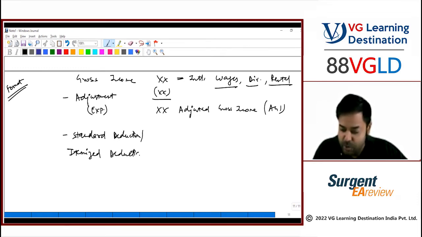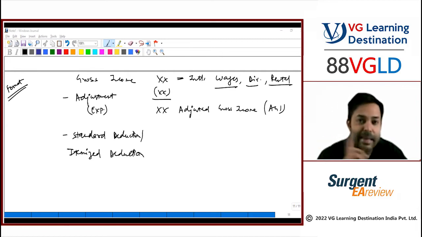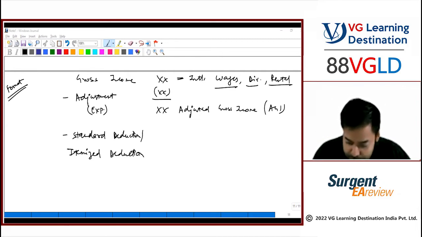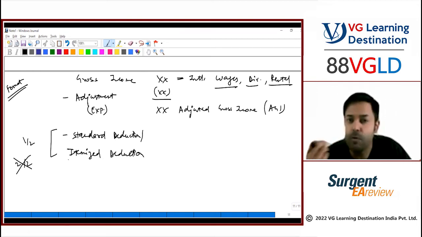That means you cannot claim both. You can take either of them. Which one would you prefer, whichever is higher or whichever is lower?